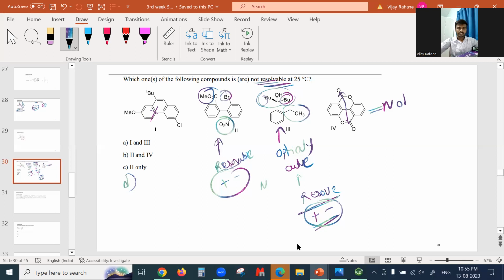So the D option is 2 and 3. These are non-resolvable at 20 degrees Celsius.